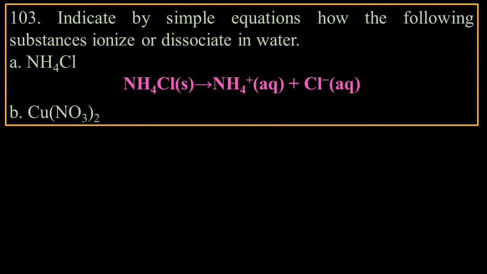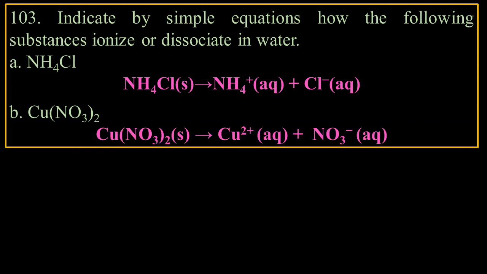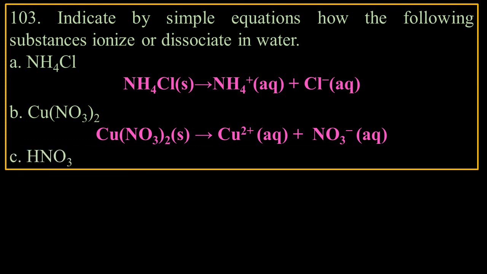Copper 2 nitrate would be Cu plus 2. See that 2 on the right of the nitrate. And then plus NO3 with a minus 1 charge.